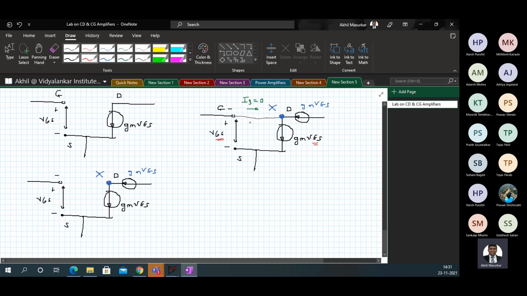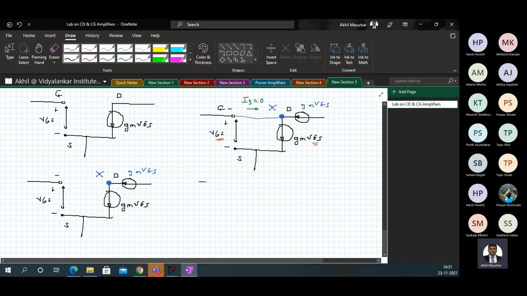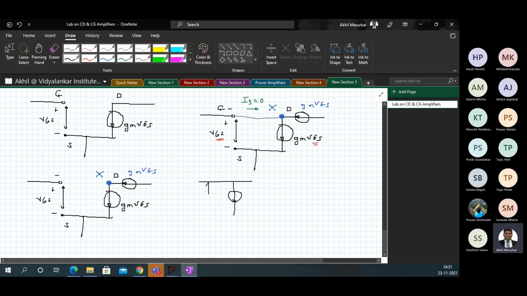The controlling voltage VGS is coming across that controlled current source, and that is why by the source absorption theorem, if you get a circuit like this, a current source Ix equal to gm times Vx, and the controlling voltage Vx comes across it, then this arrangement can be converted into a resistance whose value is Zx, and Zx is Vx upon Ix.